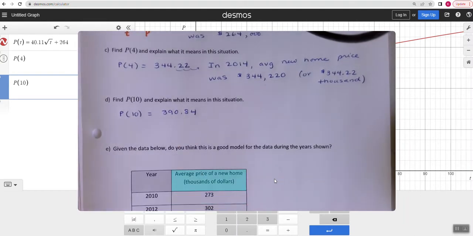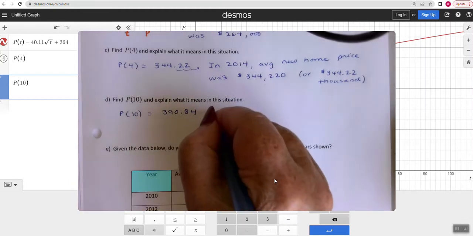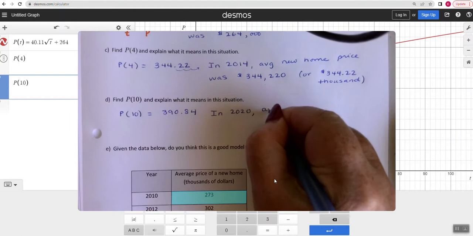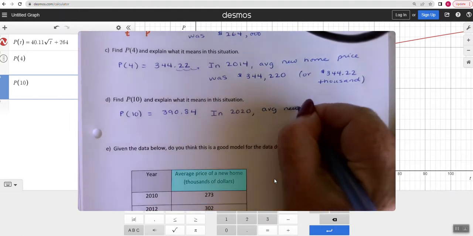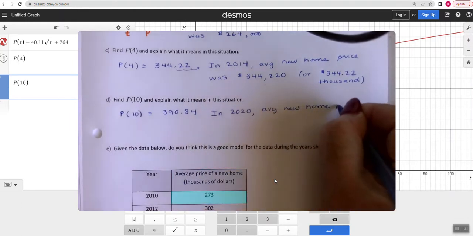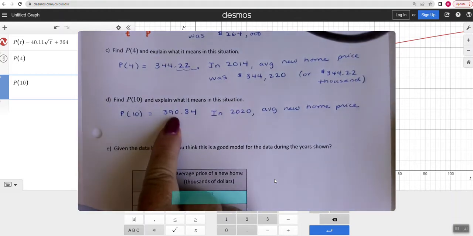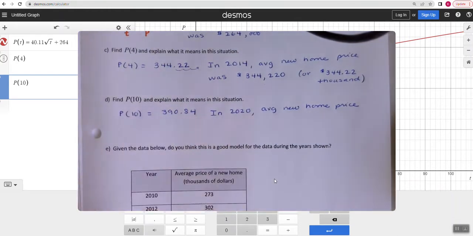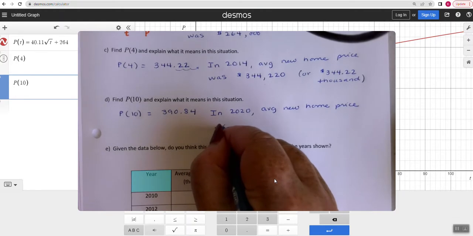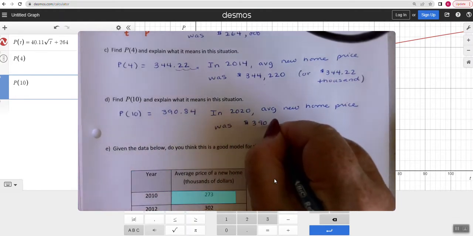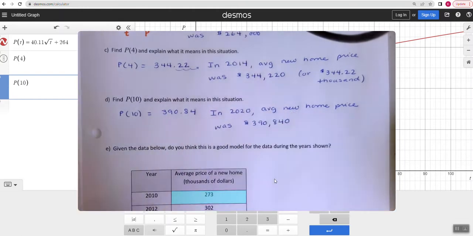So from 2010, that would bring us to 2020. Our average new home price has reached $390,000, or $390.84 thousand. Or $390,840 if you want to write it that way.